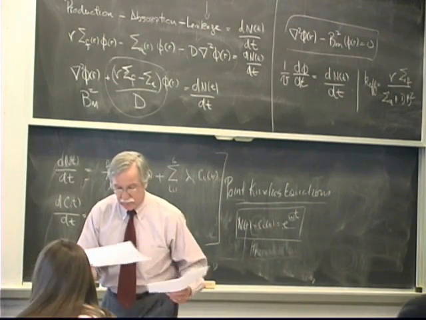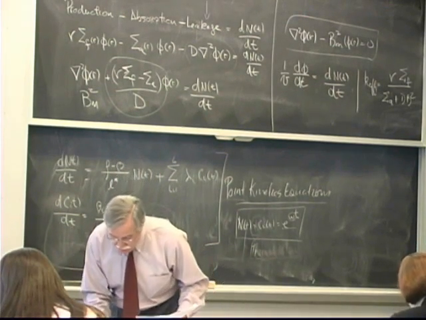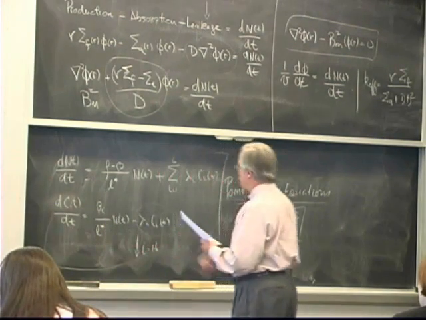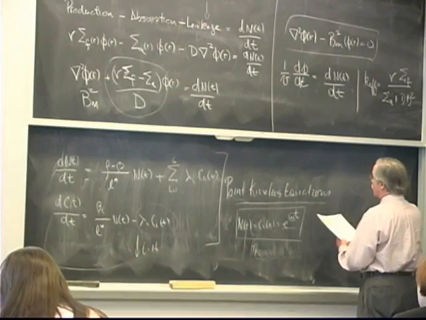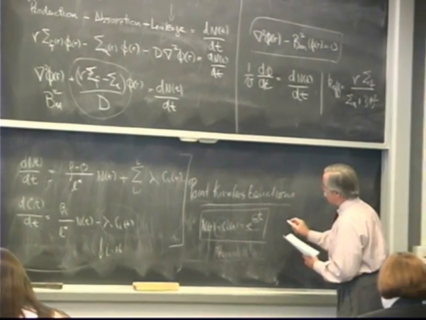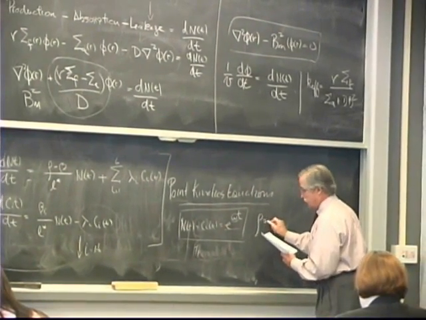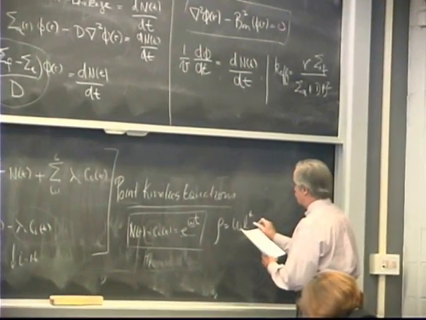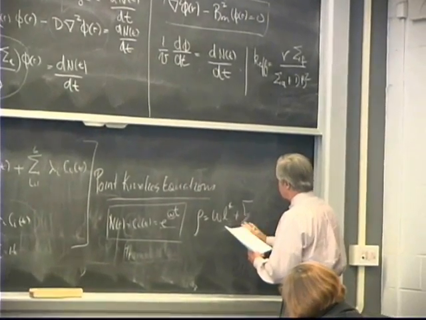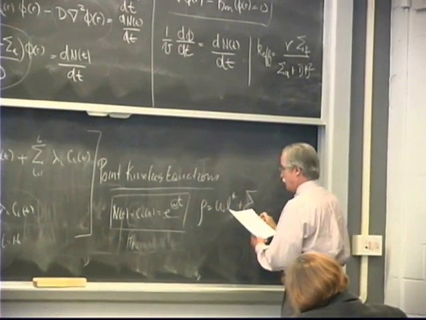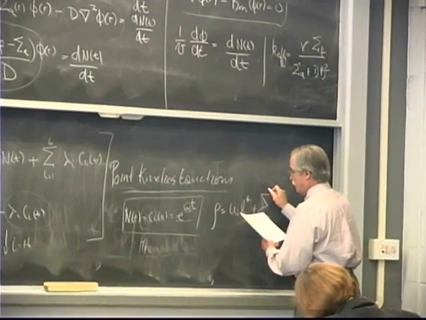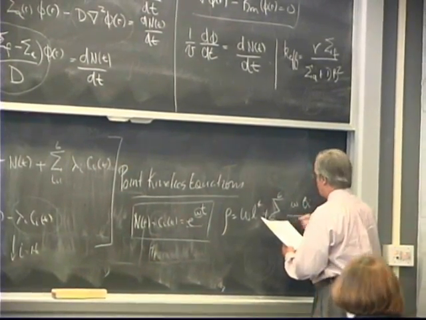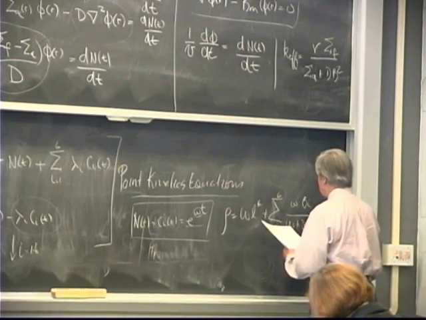Let me just see if I can find that here. And the in-hour equation is really an equation for the reactivity: the sum from i equals 1 to 6 of omega beta i over omega plus lambda i.